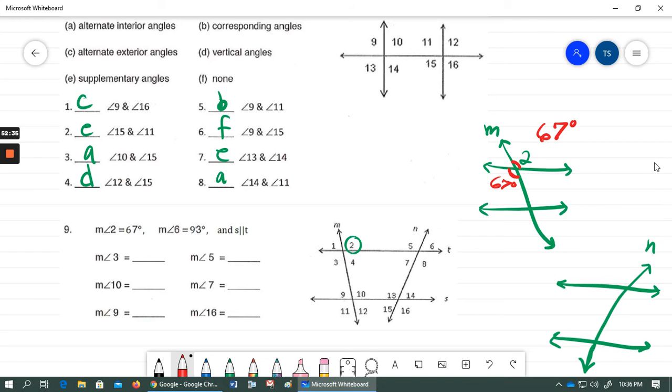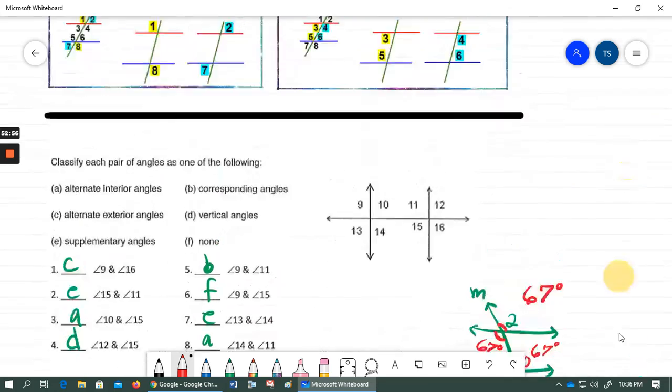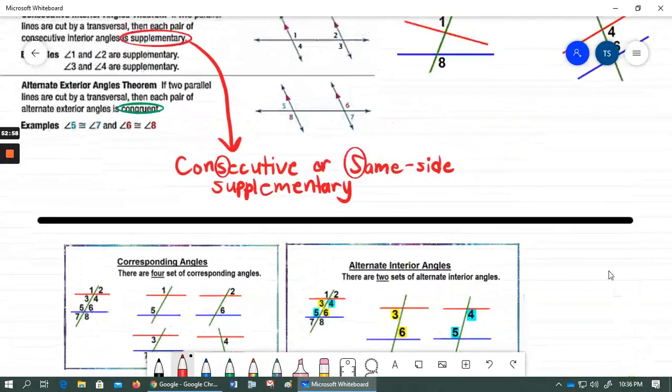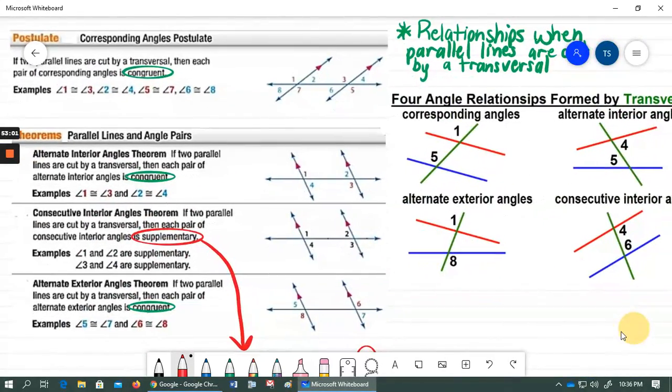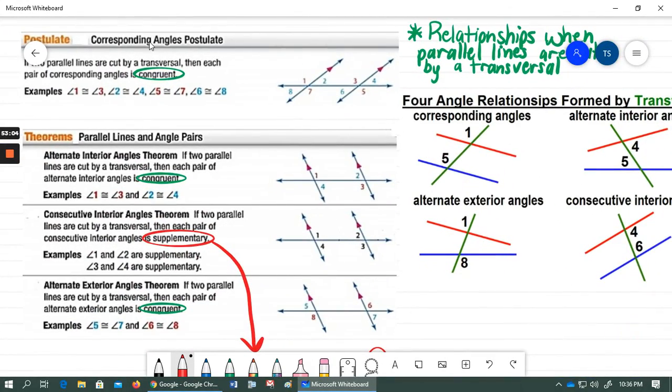All right, which other ones are going to have a measurement of 67 degrees? Angle 2 and the angle 10 are corresponding angles. Angle 2 and angle 10 will have congruent angle measurements, because just to remind you, when we've got 2 parallel lines that are cut by a transversal, each pair of corresponding angles are going to be congruent.